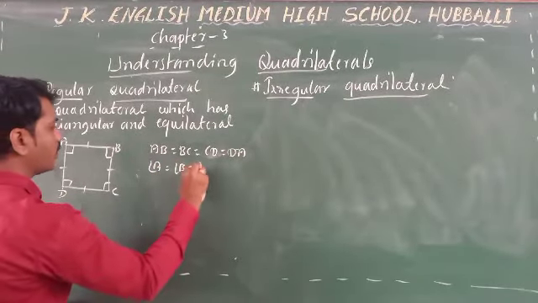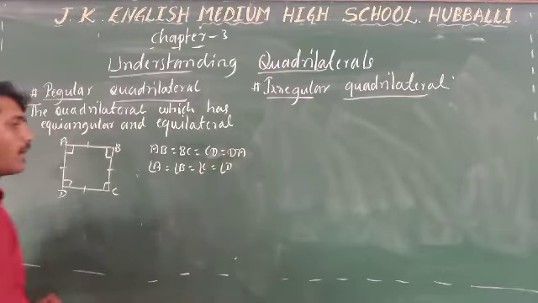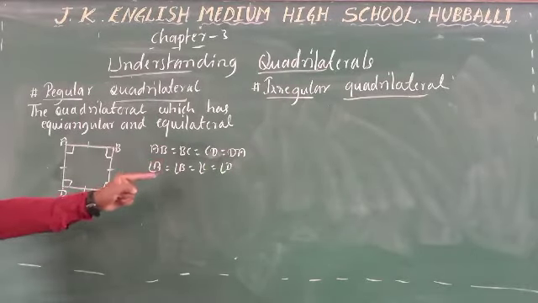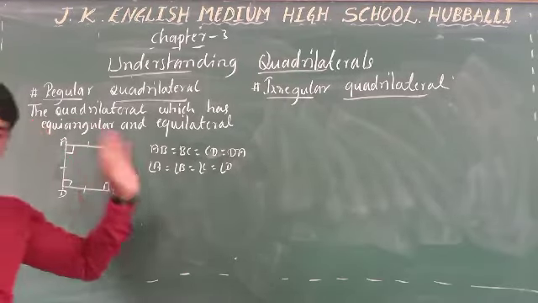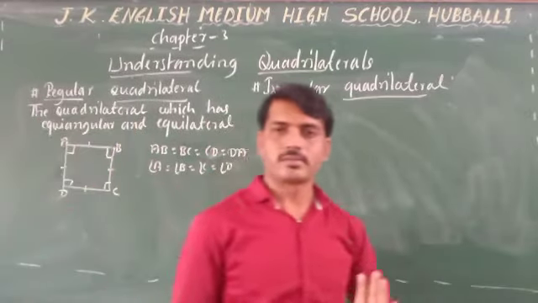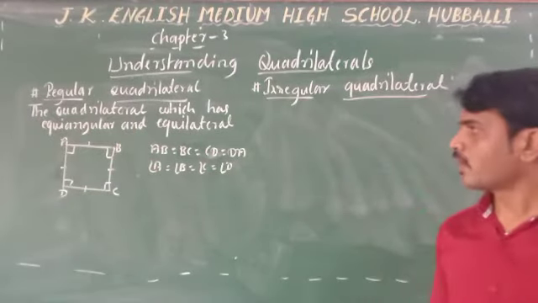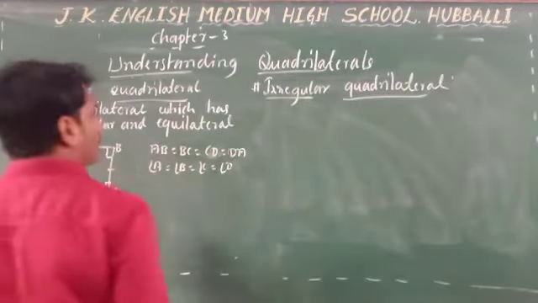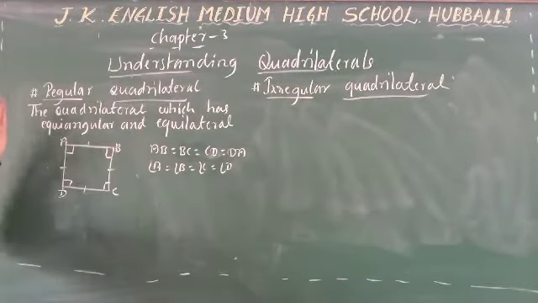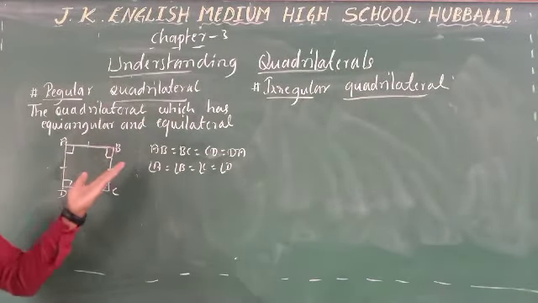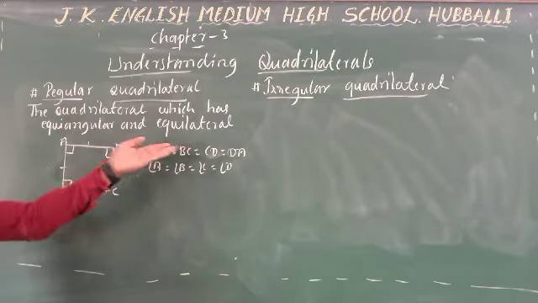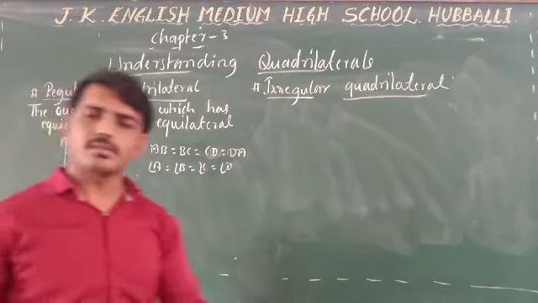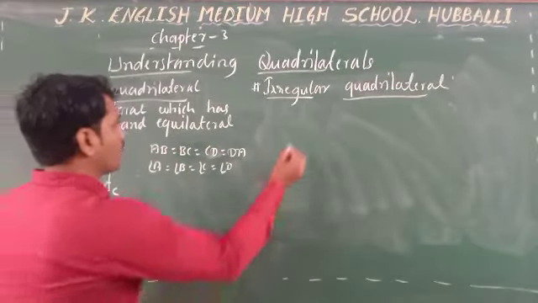Angle A is equal to angle B, angle B is equal to angle C, angle C is equal to angle D. So this is what a regular quadrilateral is: same sides and same angles. Clear, children? Okay. What about irregular? Irregular is opposite to this one: different angles as well as different sides. For example, rectangle.